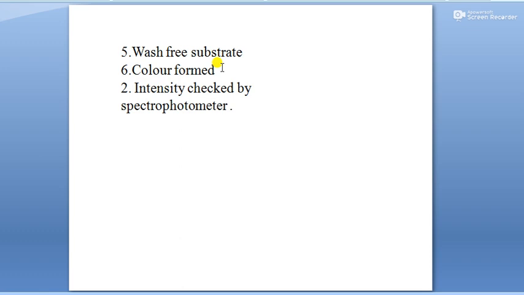So, here color formation occurs. Then we need to identify the intensity by the spectrophotometer or any other mechanism followed for the intensity check, right. That is all for the indirect type of ELISA.